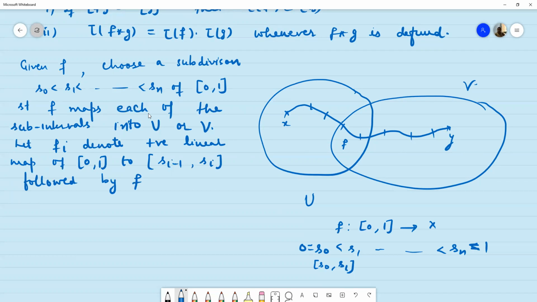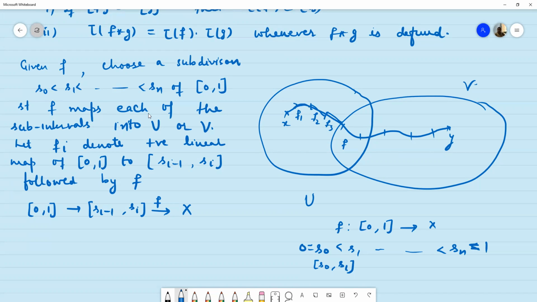It means that firstly we map the interval [0, 1] to the interval [si-1, si] linearly, and then we map this interval to X by the mapping f. So this is a positive linear map from [0, 1] to this interval, and then to X by the mapping f. Basically f1 is this path, f2 is this path, f3 is this path, and so on.